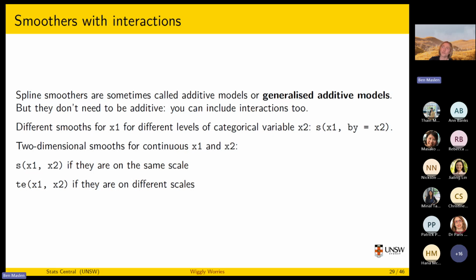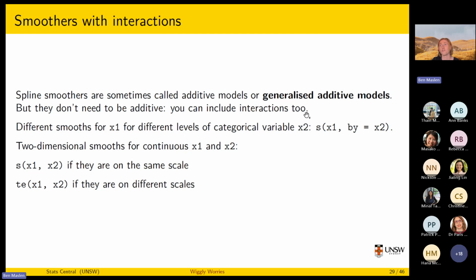So you can also fit interactions. Spline smoothers are sometimes called additive models or generalized additive models, but they don't need to be additive. You can also include interactions, with both categorical variables as well as continuous variables.